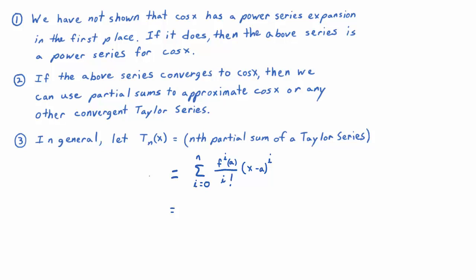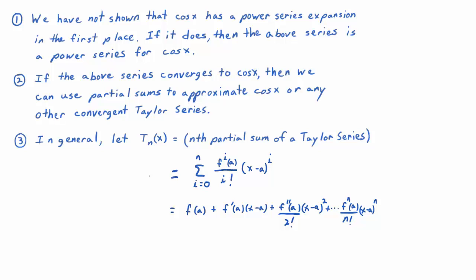So if you write it out longhand, it would look just like how we wrote it out earlier, except you would stop it at the nth term. So the first term would be just f evaluated at a, plus f prime evaluated at a times (x minus a), plus f double prime evaluated at a times (x minus a) squared divided by 2 factorial, plus dot dot dot, plus the nth derivative evaluated at a over n factorial times (x minus a) to the n.